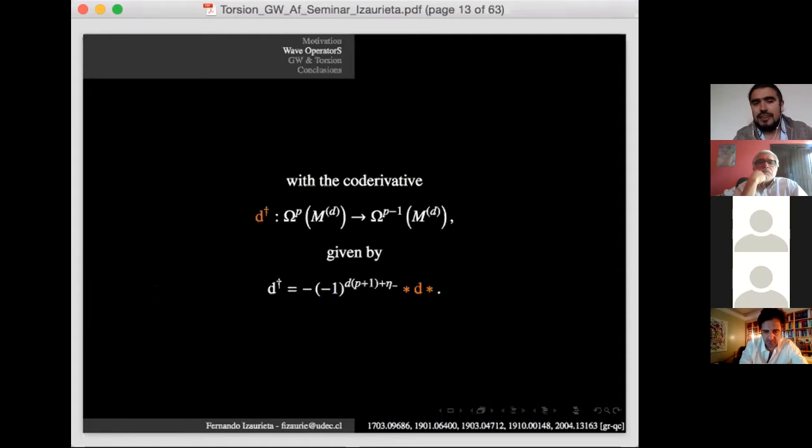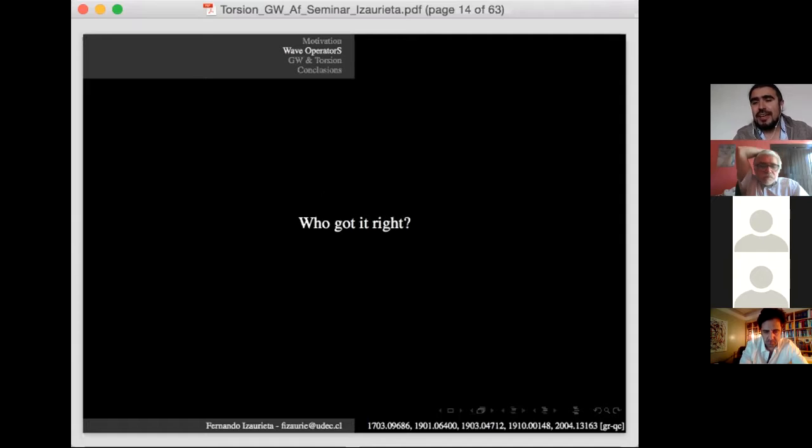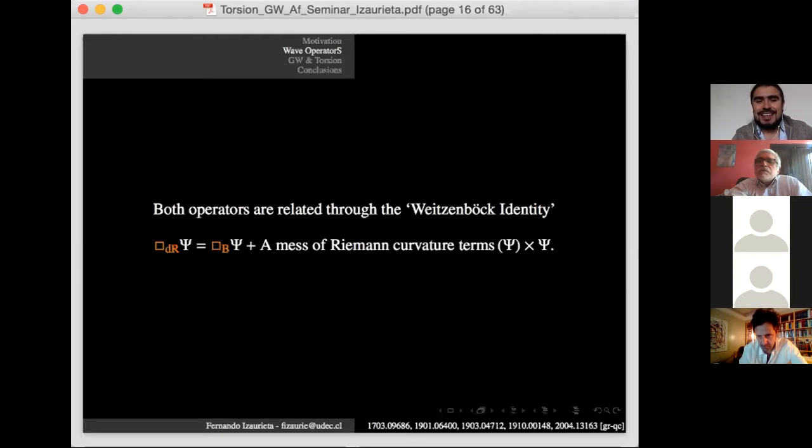Where this codifferential is defined in that way, in terms of the Hodge dual and the exterior derivative. And the question is, well, who got it right? And well, it is the mathematicians, really.